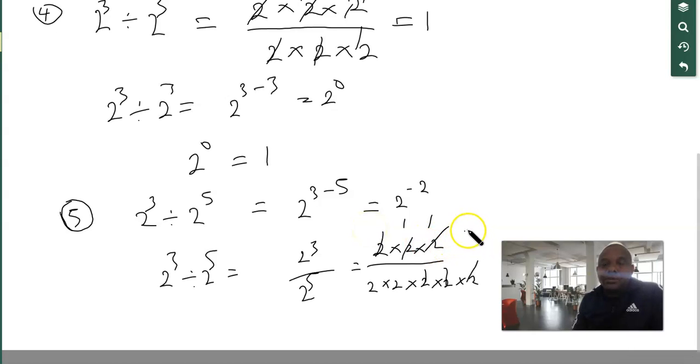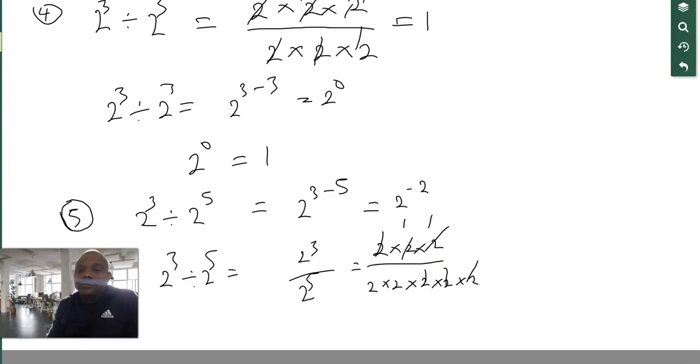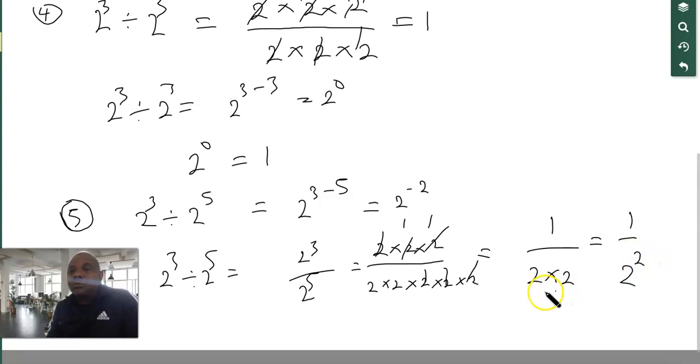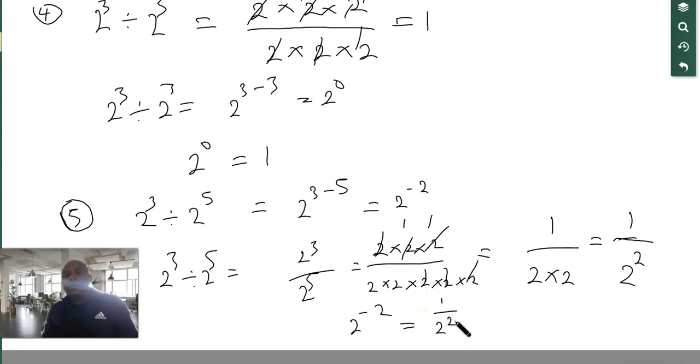So it is equal to 1 all over 2 times 2, which is equal to 1 all over 2 raised to 2. Therefore 2 raised to minus 2 can be written as 1 over 2 raised to 2. So that's the fifth law.